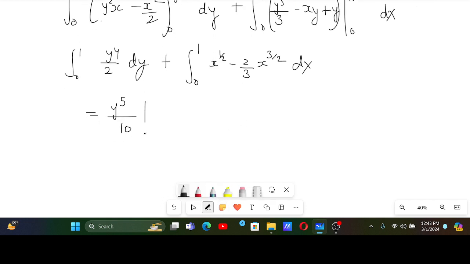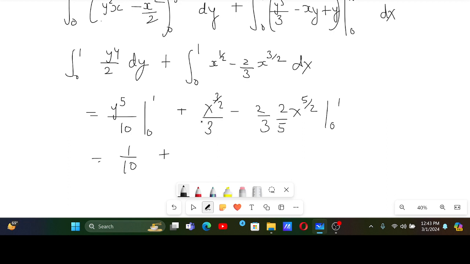Again, this is from 0 to 1, and x to the power 3 by 2 minus 2 by 3 x to the power 5 by 2 by 5 by 2 from 0 to 1. Now this is 1 by 10 minus 0 plus, wait, 3 by 2 by 3 by 2, so 2 by 3 minus 0 minus 4 by 15 minus 0 plus 0.